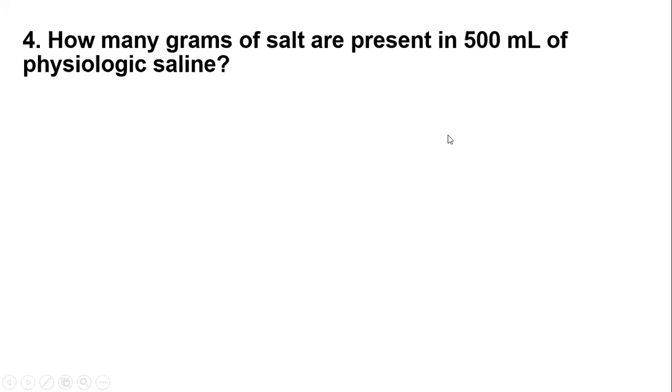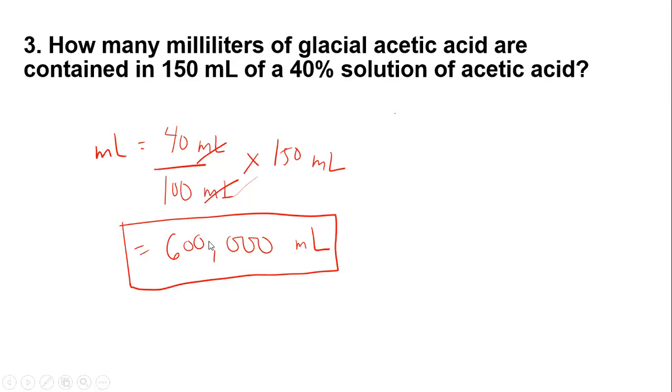Sorry, I stand corrected. Kanina, I did not double check on the calculator. Our number 3 earlier is not 600,000, it's only 60.